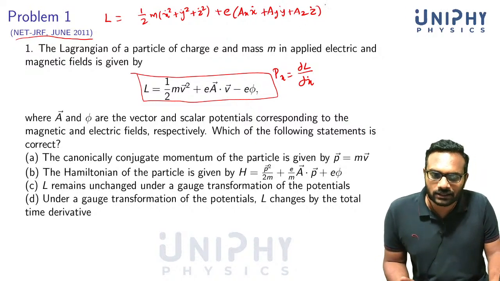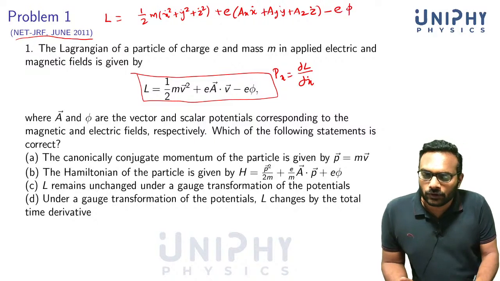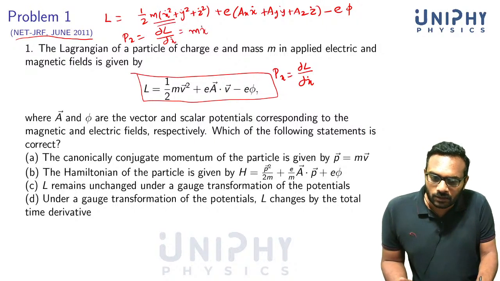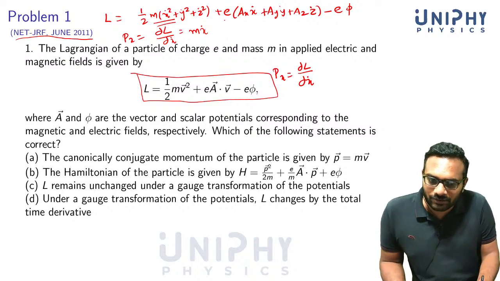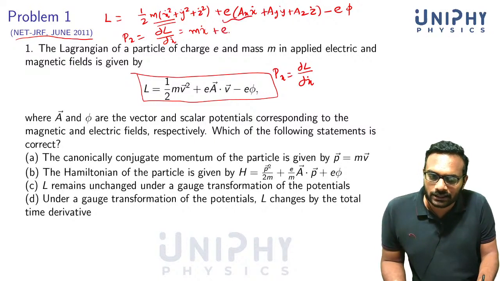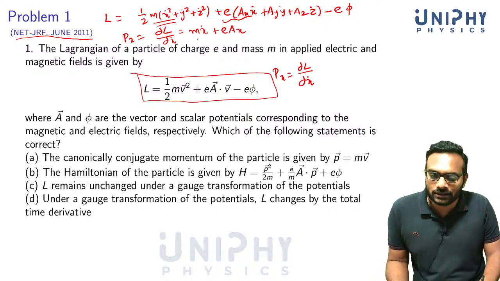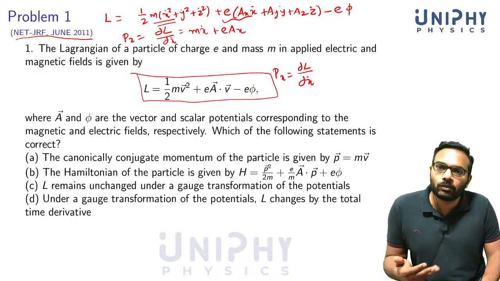Now, if you look at the x component of the conjugate momentum, you take dou L by dou x dot. As usual, you get m x dot from here, but that is not all. We have an extra term appearing, E Ax. This is just one component. You can also get py and pz.